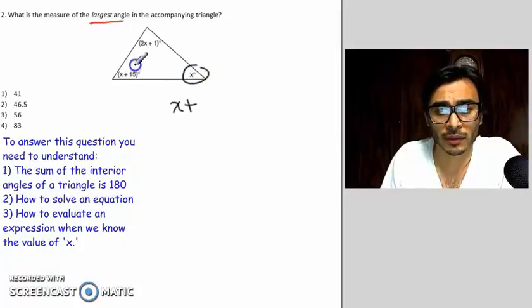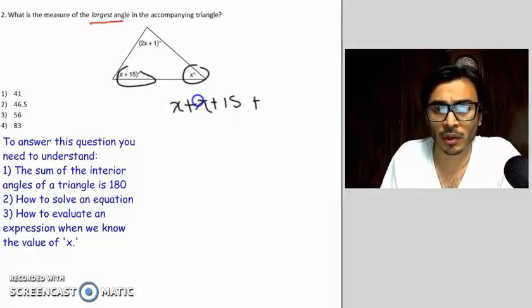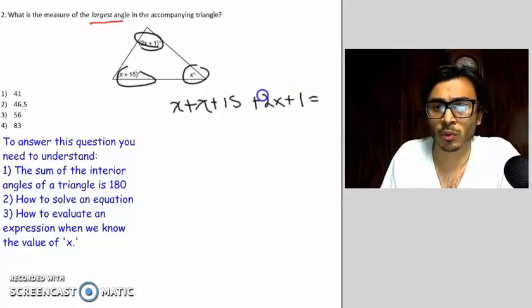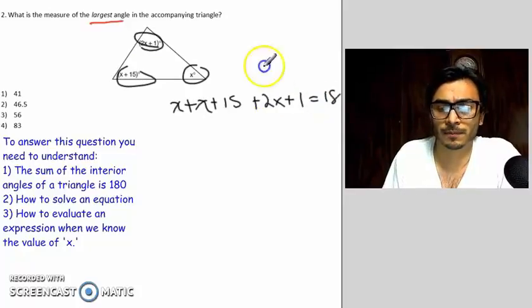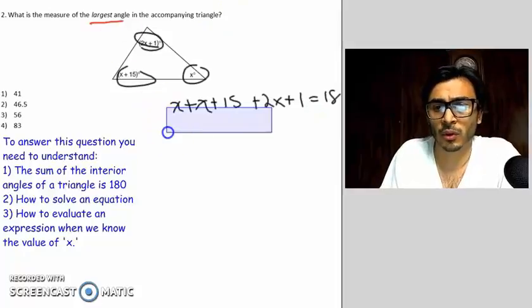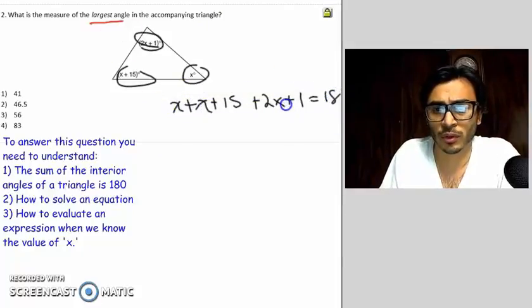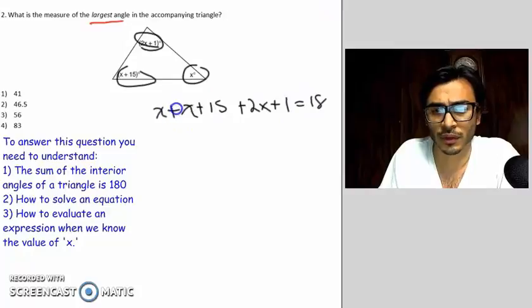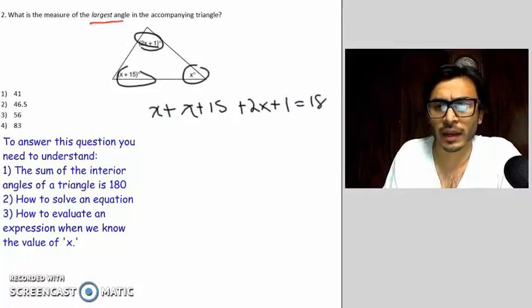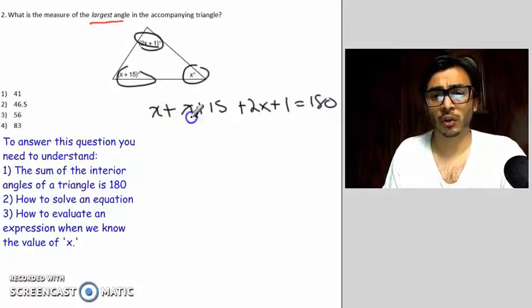So you've got x plus 15 plus 2x plus 1 equals 180 degrees. All right, so some students for some reason forgot to include this x here. So you're going to go ahead and solve for x.